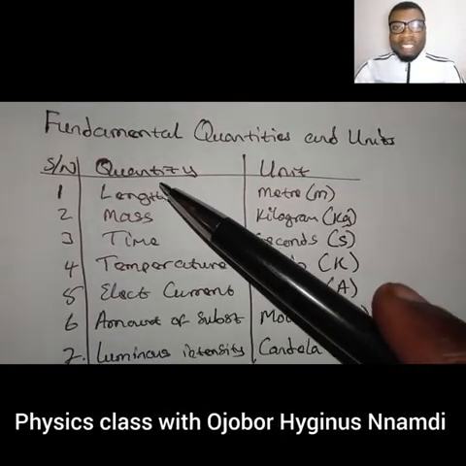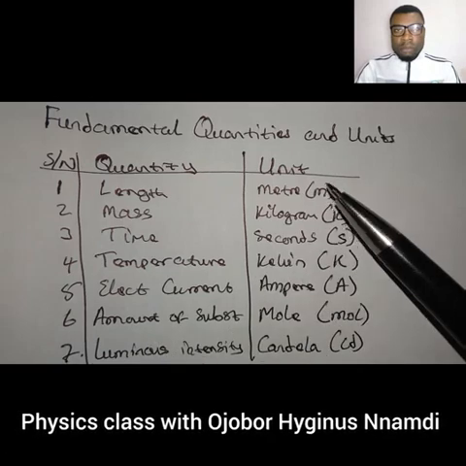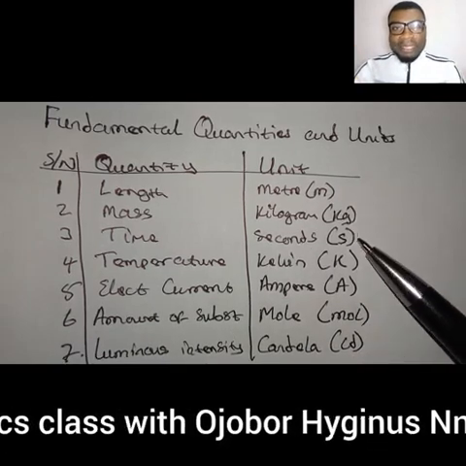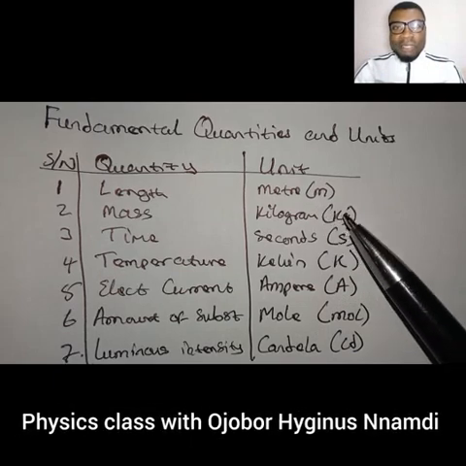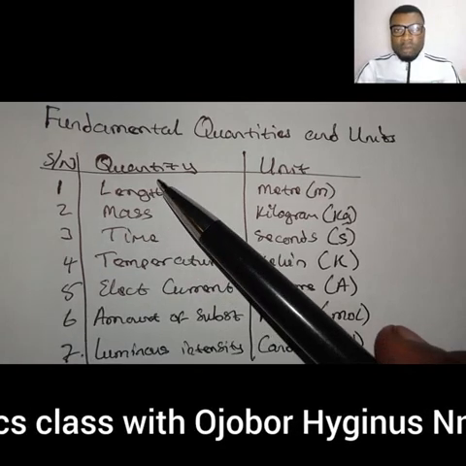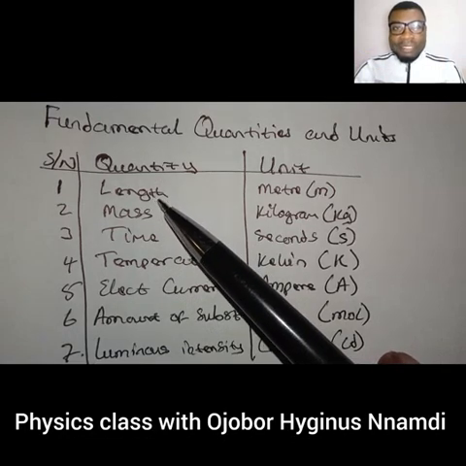So these quantities, you can see, do not rely on any other quantity for their existence. These units, you can see as well, do not rely on any other unit for their existence. But the first three that I have mentioned are the ones we call SI units.